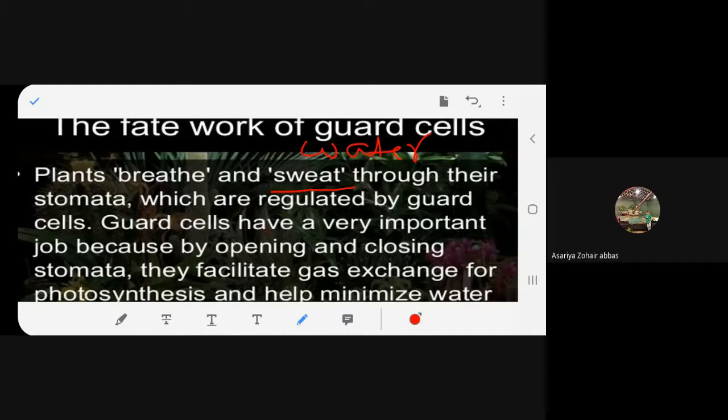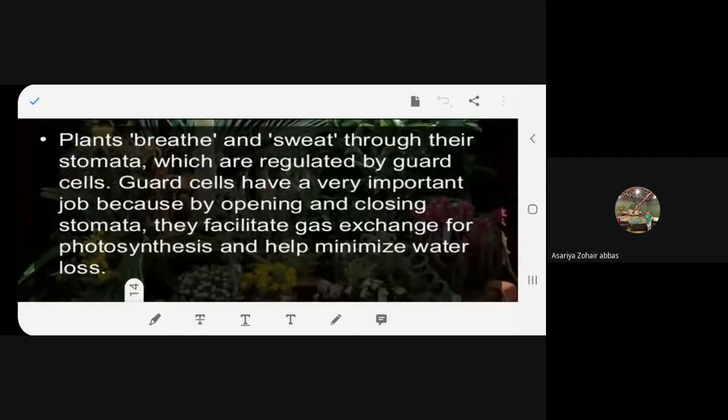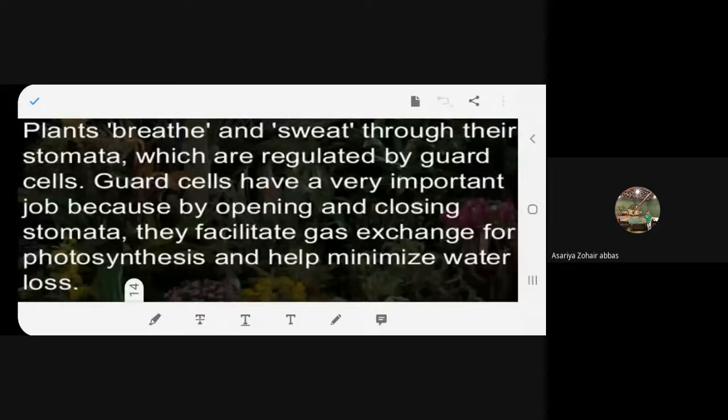Now, who is controlling it? Stomata. So, stomata control the exchange of gases and the loss of water. Stomata have a very important task, because they have a mechanism of opening and closing. So what are they doing?